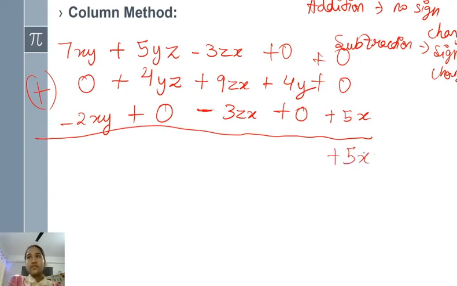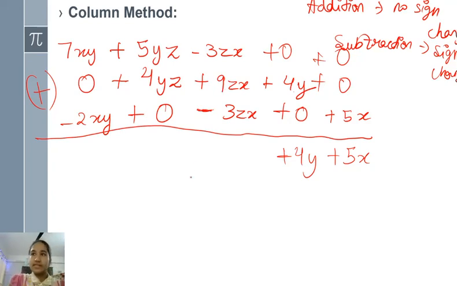So 5x plus 4y will remain as it is. Now, what do you have to do? Minus plus minus. Minus and minus you are going to add first. It will remain minus 6zx, minus 6xz plus 9zx.